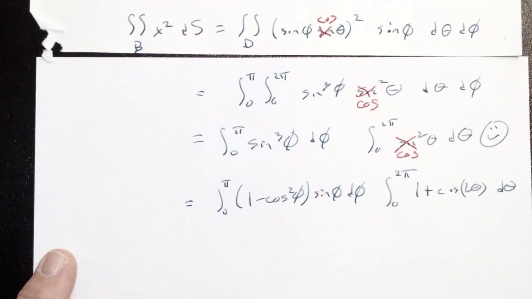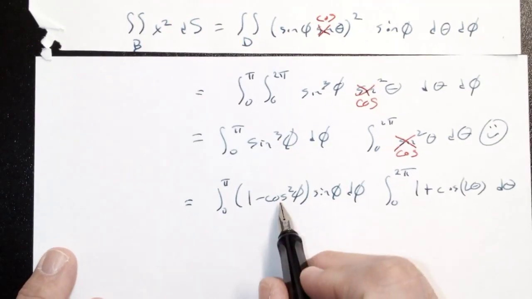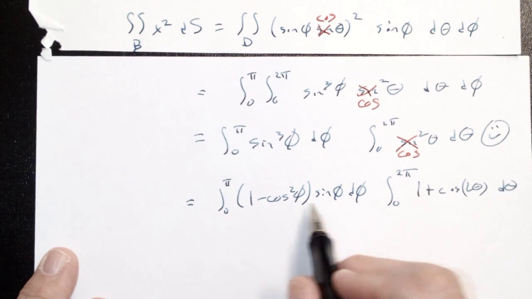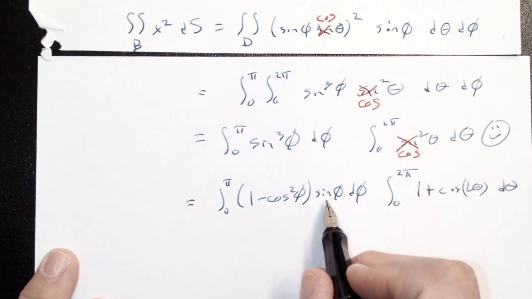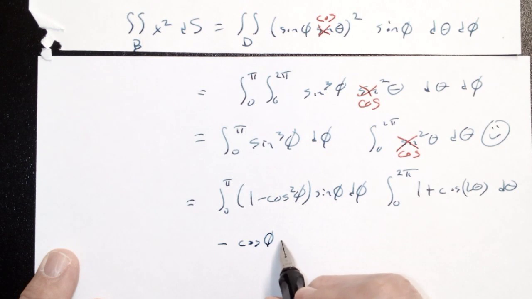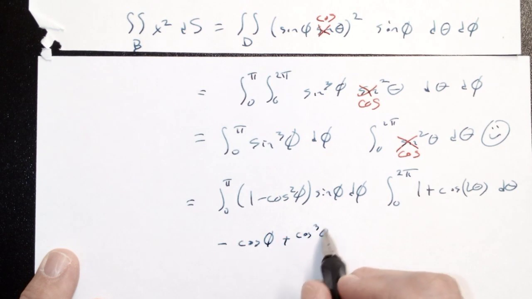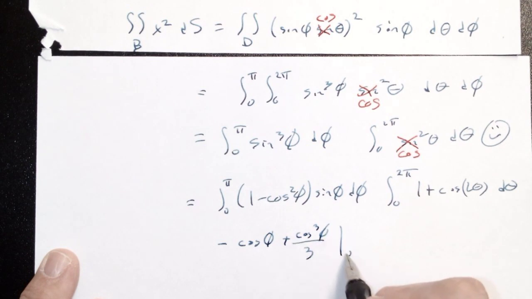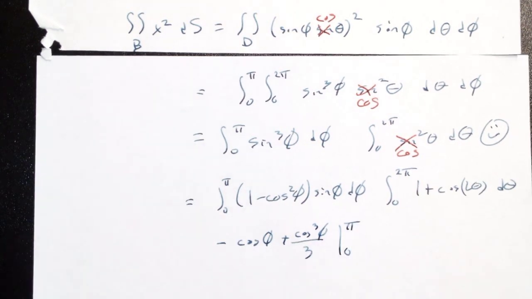So u equals cosine of phi, du is, where sine is cosine, or cosine is minus sine, so I'm going to get minus cosine phi plus cosine cubed phi over 3, insert pi.